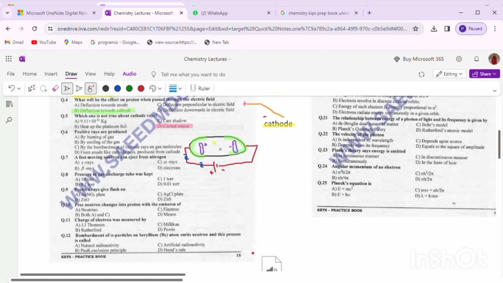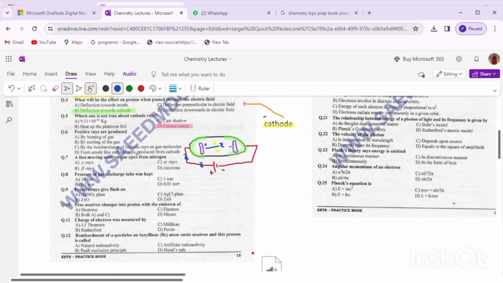Here basically I have hydrogen, right? Initially we have read that this electron, when it hits this gas molecule, will break the bond of it, and then here would be only one proton left, and that would attract towards the zinc sulfide and produce a glow on it, right?